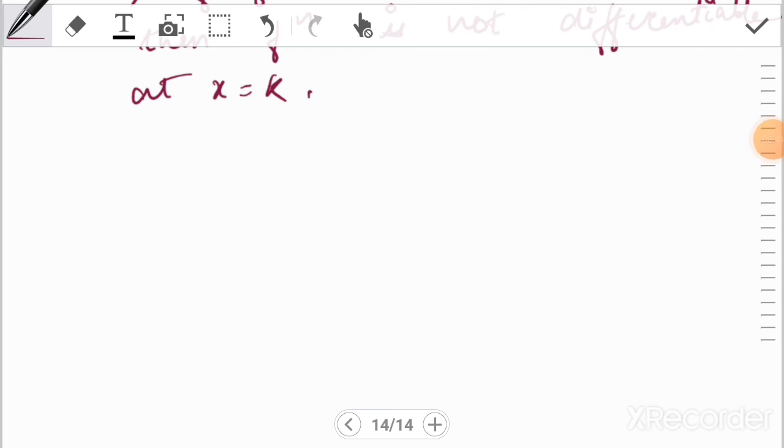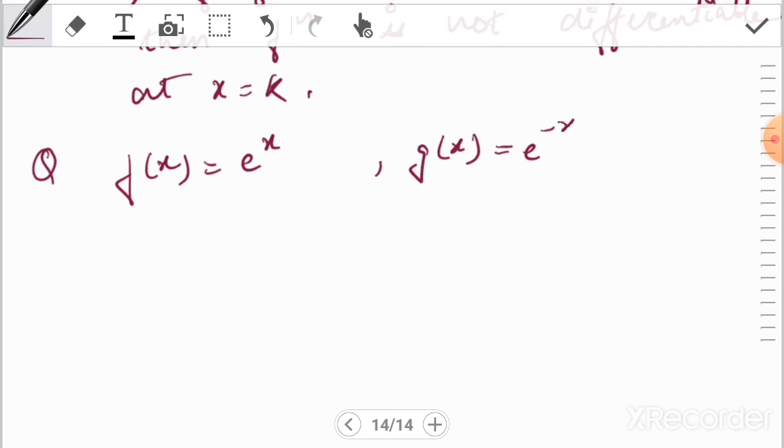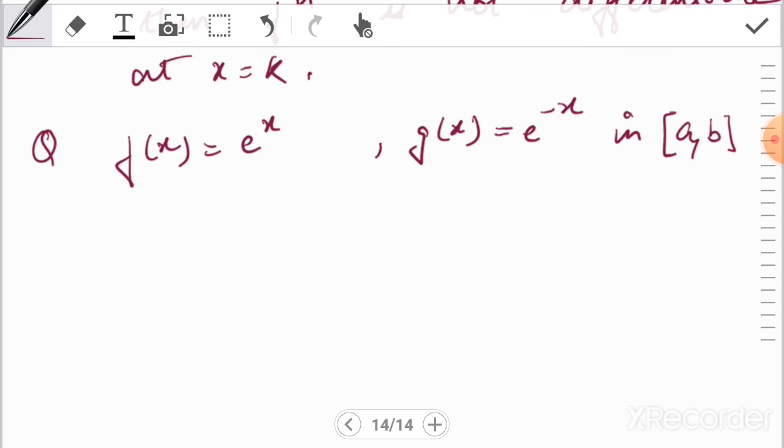Okay, let us see one example on Cauchy's mean value theorem. If f(x) is given as e^x and g(x) is given as e^(-x) in (a, b), right?